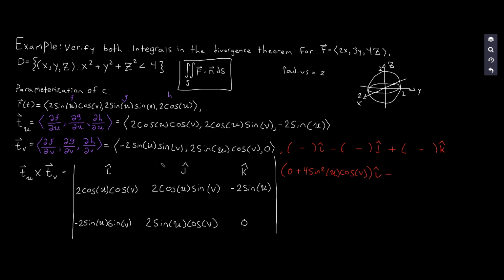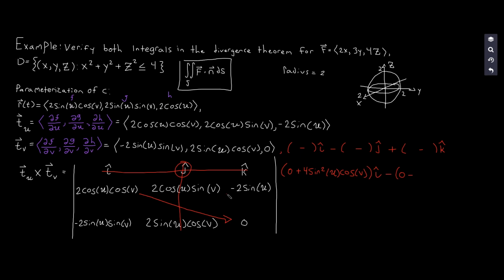And then we'll move on to our j hat. I'll be left taking the determinant of this matrix-like thing. It has similar mechanics, but we're going to do 2 times cosine of u times cosine of v times 0. It's going to be 0.